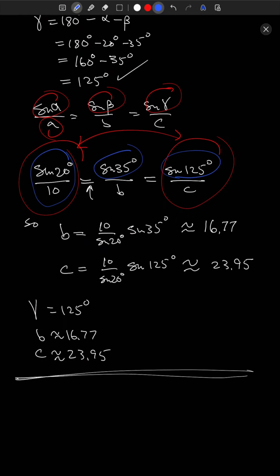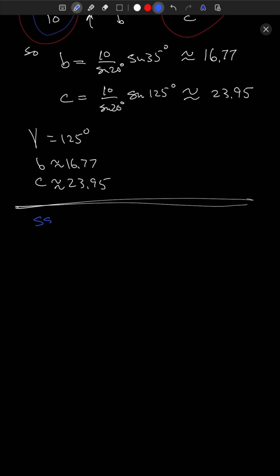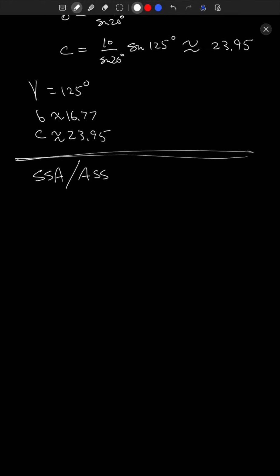So let's talk about the SSA/ASS situation. And again, you don't have to memorize which situations are which, because what we're going to be doing is we're going to write down the law of sines and then figure out what we should do from there.